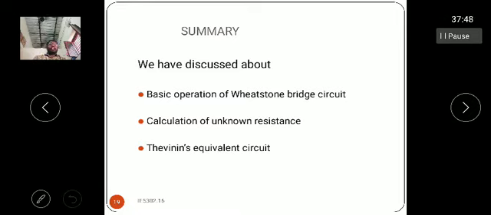That means the entire bridge circuit is converted into a Thevenin's equivalent circuit. We can calculate the galvanometer current and the voltage drop across the galvanometer with the help of this Thevenin's equivalent model.